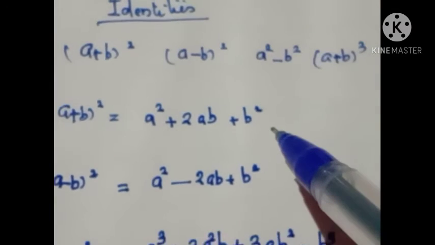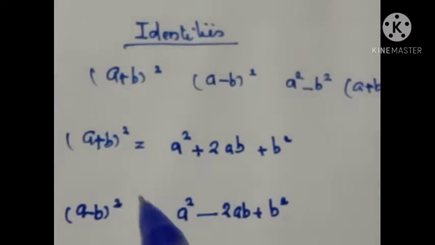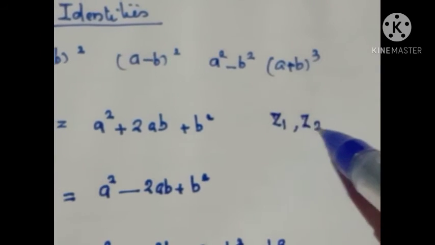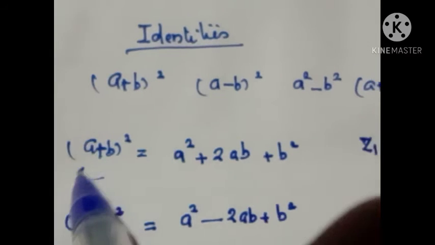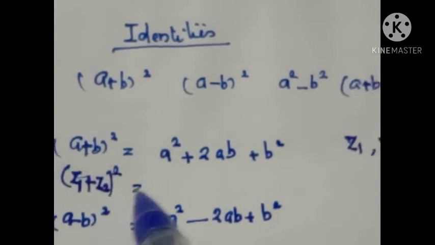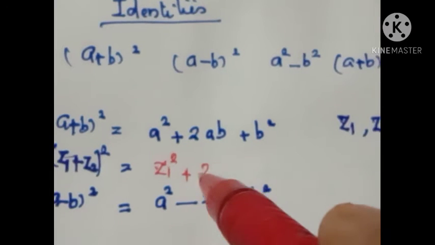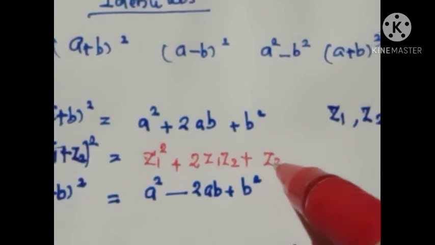Now we want to see some identities based on complex numbers. Suppose we have two complex numbers Z1 and Z2. We can define the same identities for Z1 and Z2 also. Let's see, (Z1 plus Z2) the whole square is Z1 square plus 2Z1Z2 plus Z2 square.